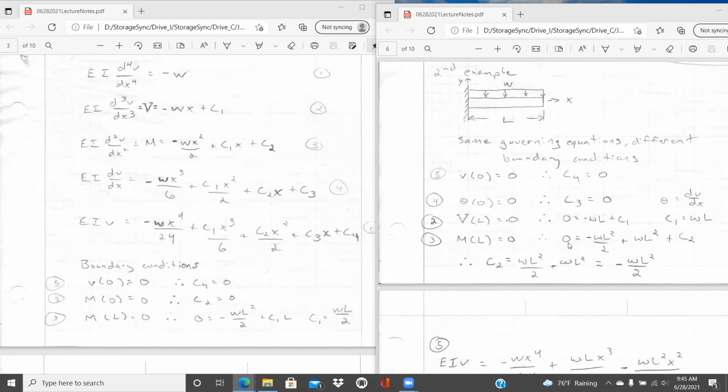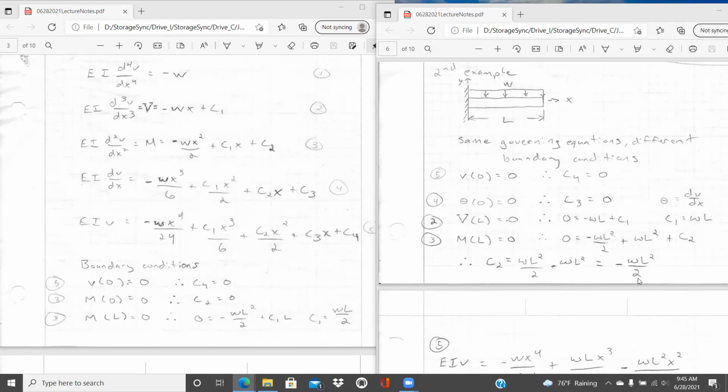So we have 0 is equal to minus WL squared over 2 plus C1 times L, which will be WL squared now, because we have C1 times X, where X equal to L, plus C2. And so C2 is equal to WL squared over 2 minus WL squared, which is the same as 2 over 2. 1 minus 2 will give us a minus half WL squared. So minus WL squared over 2.